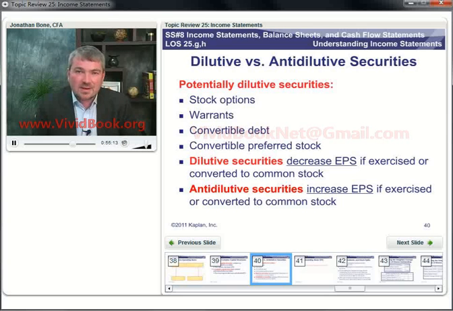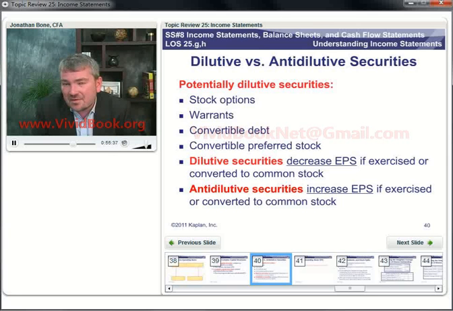Now let's talk about this distinction between dilutive and anti-dilutive. A security is deemed to be dilutive if, when we look at whether it would be exercised or not, it causes EPS to fall. Now we're going to look at these instruments and pretend that they are essentially converted at the beginning of this year, regardless of whether they actually can be or not.